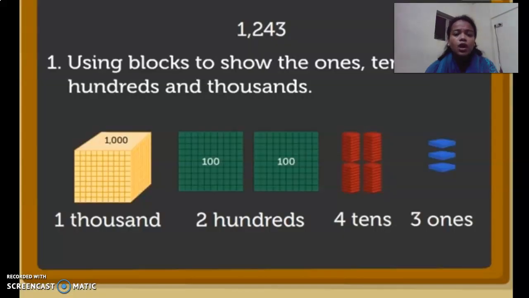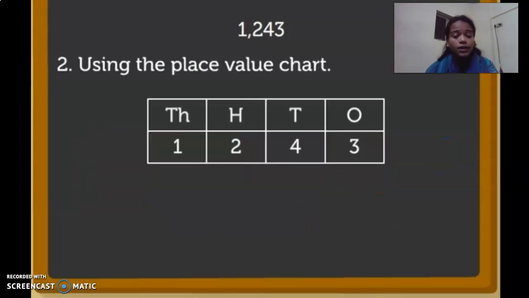We can use blocks to show the ones, tens, hundreds and thousands: one block of 1000, two blocks of 100, and 4 blocks of tens and 3 blocks of ones. It can also be written using the place value chart as shown on your screen.